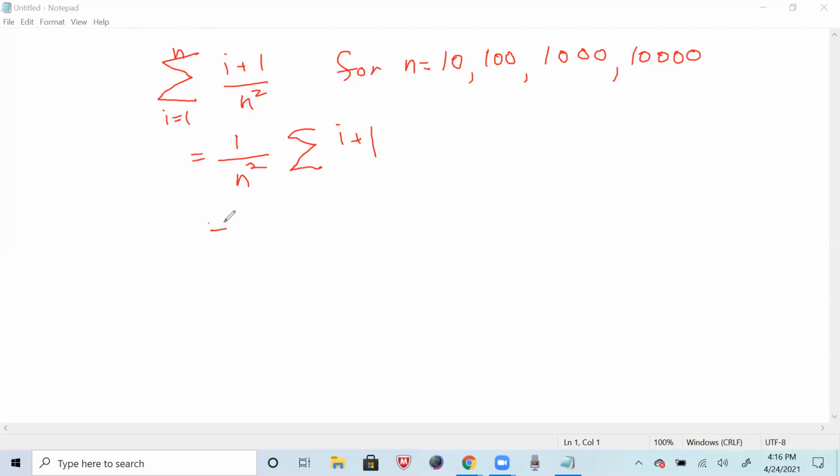And what that's equal to is, because there's a sum there, and when you have the sum of the sum, you can separate them. So it becomes 1 over n squared times sigma of i plus 1 over n squared times sigma of 1.